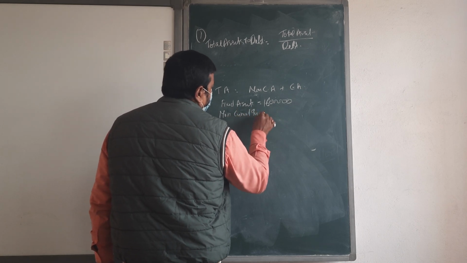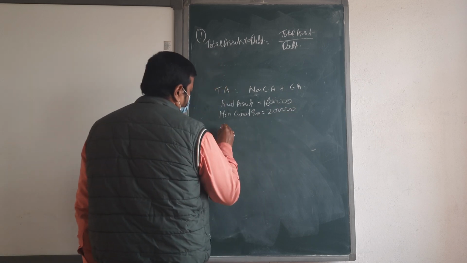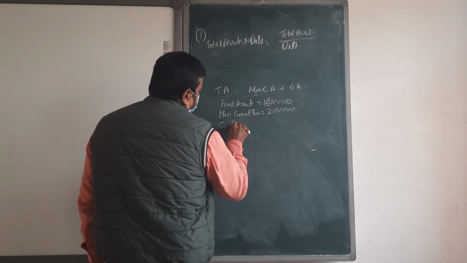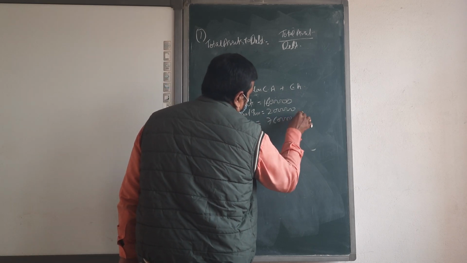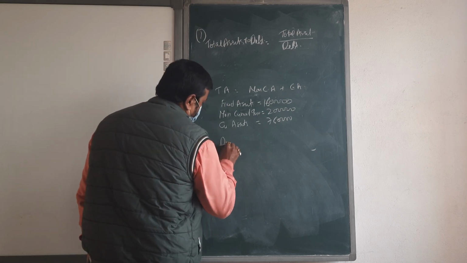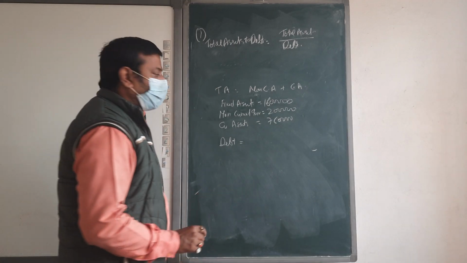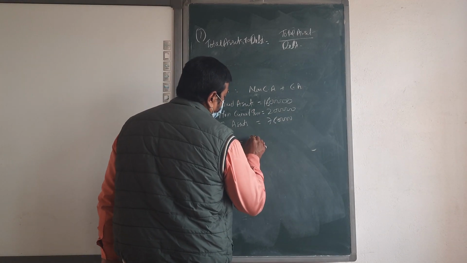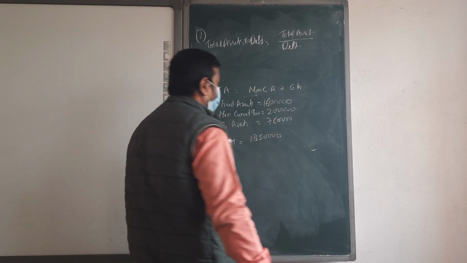Current assets 7 lakh 60,000. Next, total debts 18 lakh 50,000. It is directly given, no problem about that. In this question the amount is directly 18 lakh 50,000. Okay. Anything else?